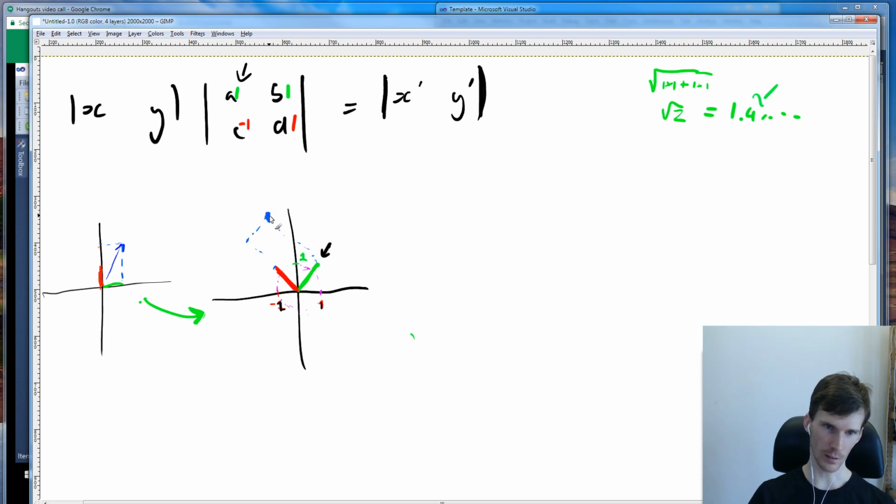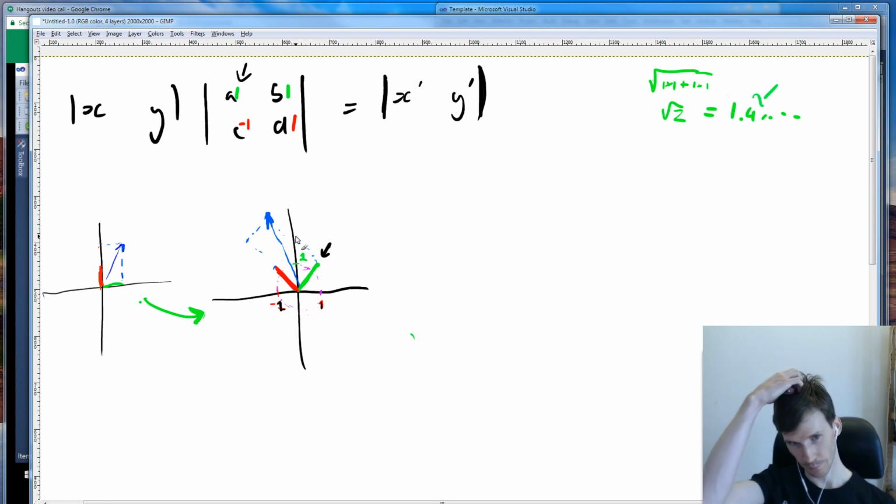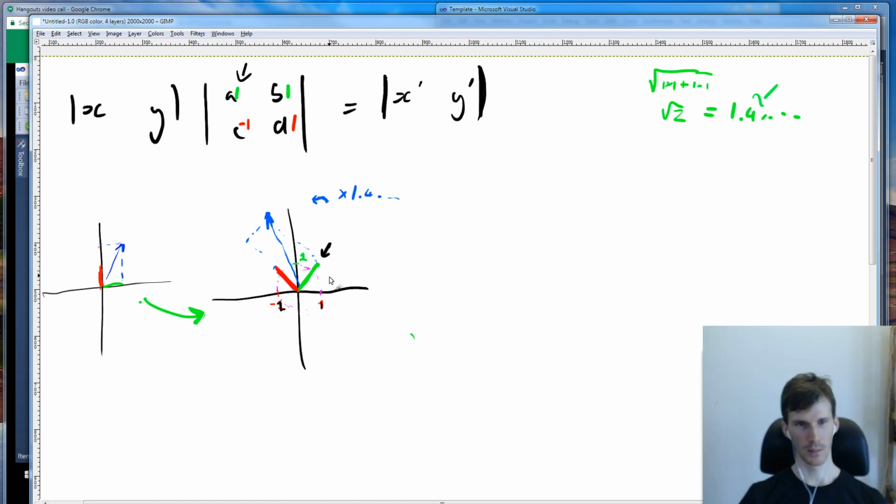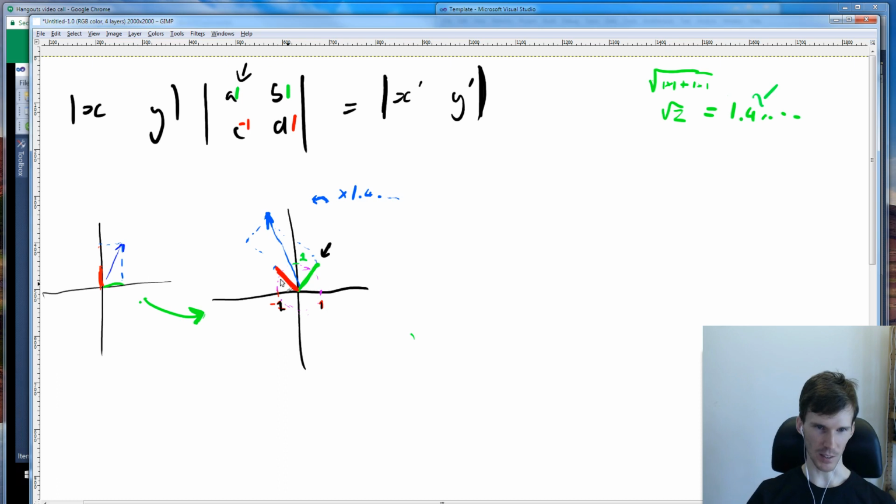So we should get that vector out at the end. And what you'll notice is it's not only rotated by 45 degrees, it's also scaled by 1.4, and so on. Even though these diagrams aren't exactly to scale, you should get that impression.